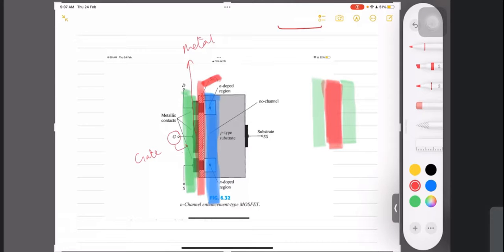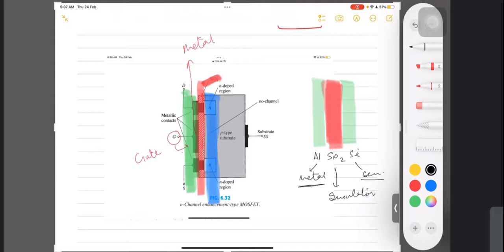ऐसे है ना? If you see here, ये क्या है? Aluminium, ये silicon dioxide, and this is silicon. This is metal. This is semiconductor. तो ये दोनों कंडक्टर हैं एक तरह से. And this is insulator.